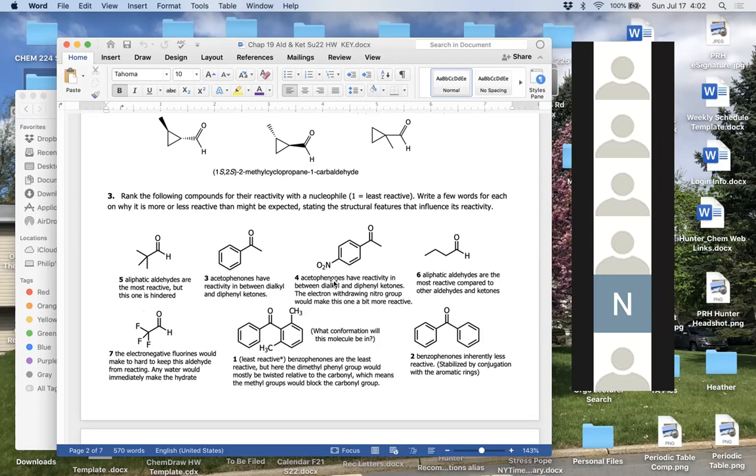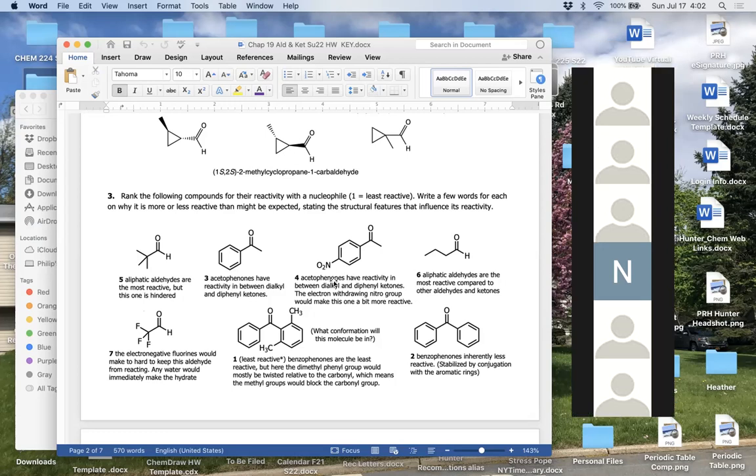I see your reasoning with the aliphatic aldehydes being more reactive, but I thought because a nitro group is electron withdrawing, it would make the carbonyl carbon more positive. No, it's trying to pull electron density closer to the nitro group. So it's trying to put positive charge on other places on the ring.